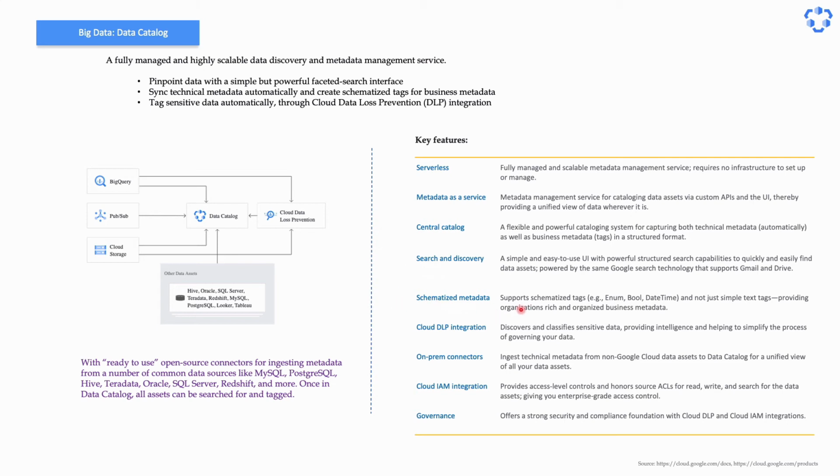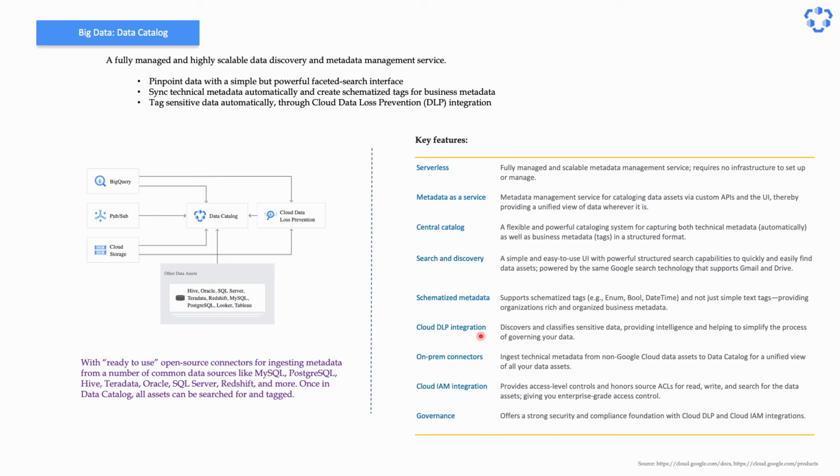Schematized metadata supports schematized tags, in terms of different types of data tags, not just simple text tags, providing organizations rich and organized business metadata. It has a cloud DLP integration, which is one of the important characteristics: discover and classify sensitive data, provides intelligence and helps simplify the process of governing data.